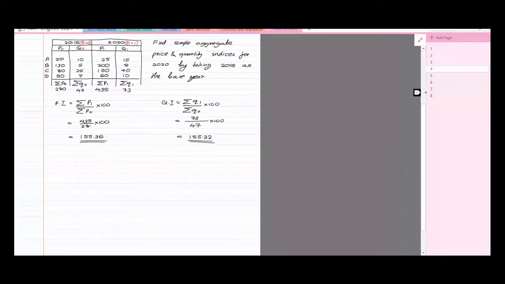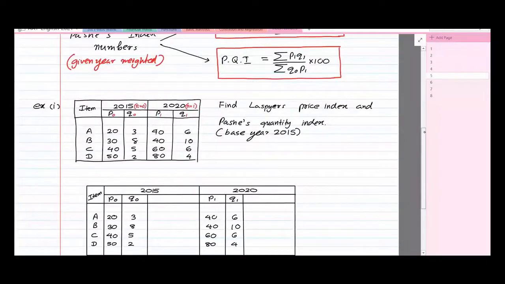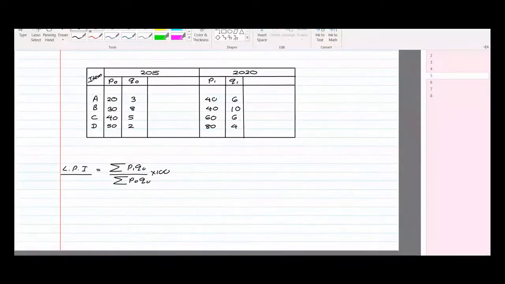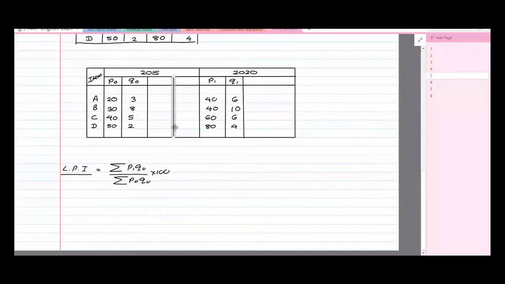To find that, you need the P naught Q naught column and its sum, so you have to add a column. The reason I'm adding it here is that it's closer to P naught and Q naught, so it's easy to multiply. P1 Q naught you can put here too.